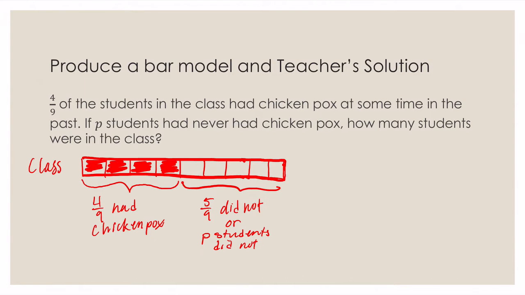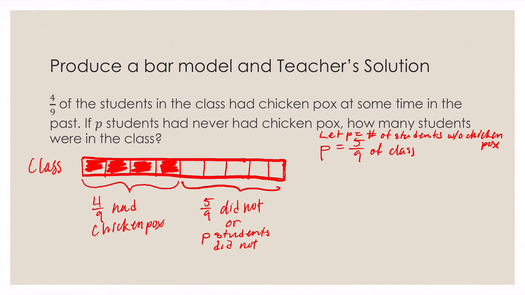So we say that P is equal to 5/9 of the class. Okay, so we want to say what P is. So let P equal the number of students without chickenpox. Okay. Now P is equal to 5/9 of the class.